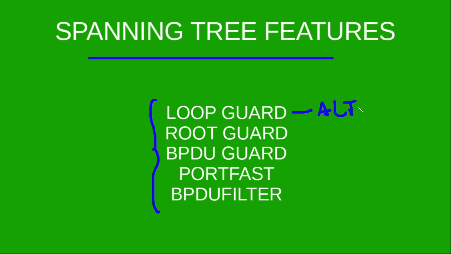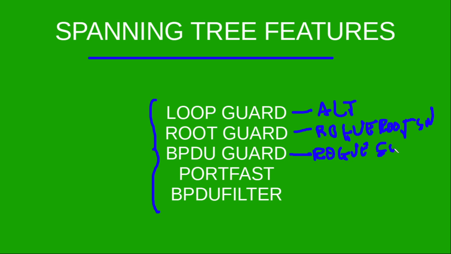It will make sure that your alternate ports are healthy and are receiving BPDUs. Root guard will protect you against rogue root switches. BPDU guard will prevent rogue switches from getting connected to your network.